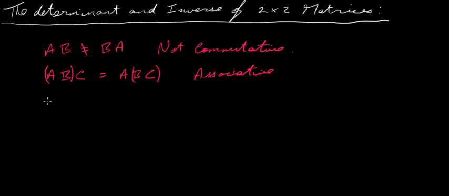Now the other property that we can have a look at is A times (B plus C). So this is the distributive property. So you'll find here that you can multiply A by B plus A by C, and that's the same as adding these two and multiplying by A. So the distributive property works.